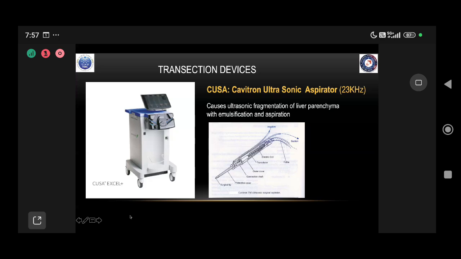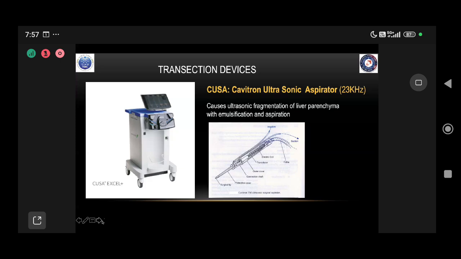There are a lot of transection devices available for making a liver resection safe. You can use whatever you have at your disposal, and if you don't have anything, a simple bipolar and a finger and a Kelly clamp also works. All these gadgets are good. They decrease the time, but if you don't have them, it's not that you can't do a liver resection.